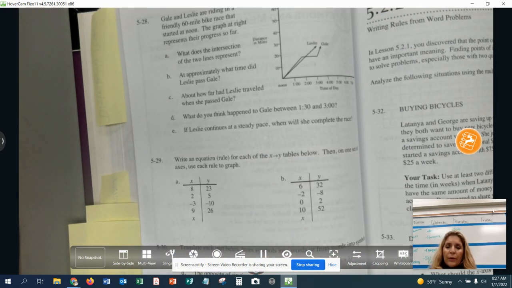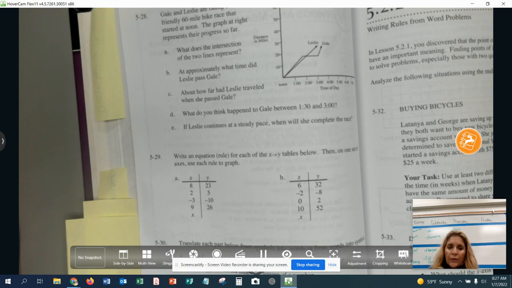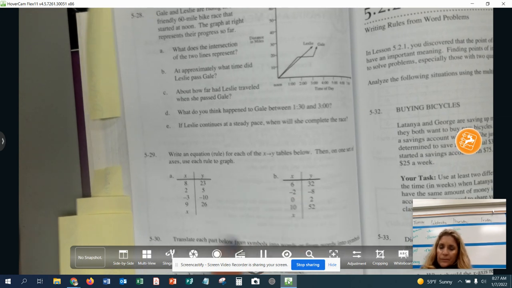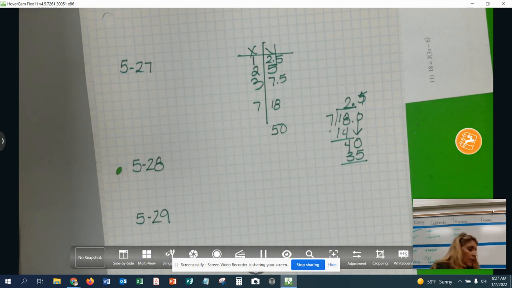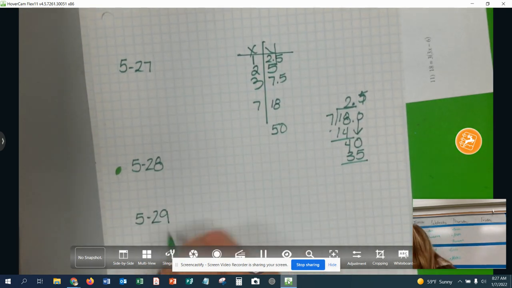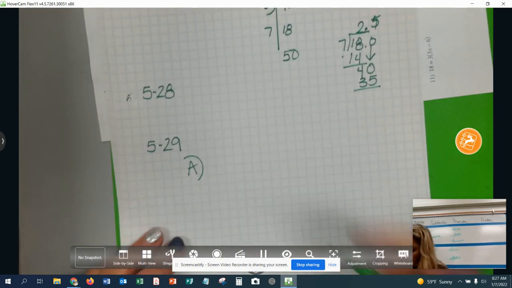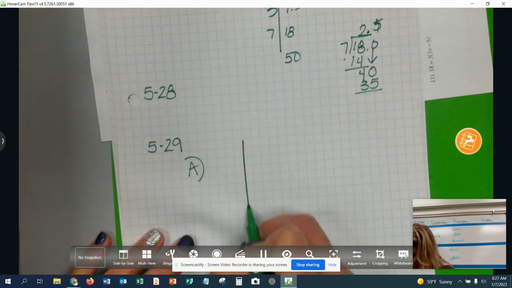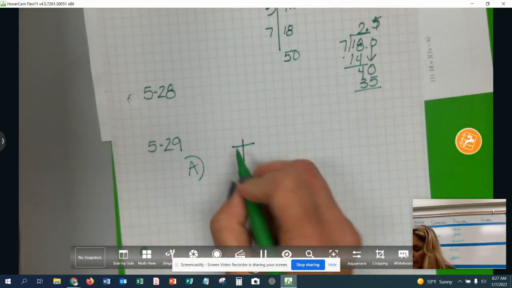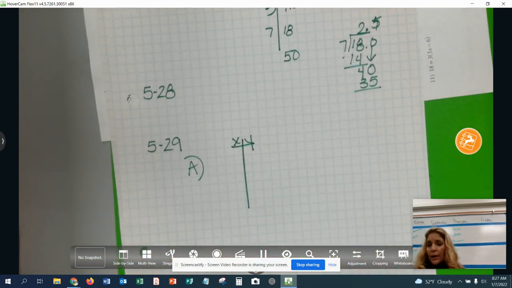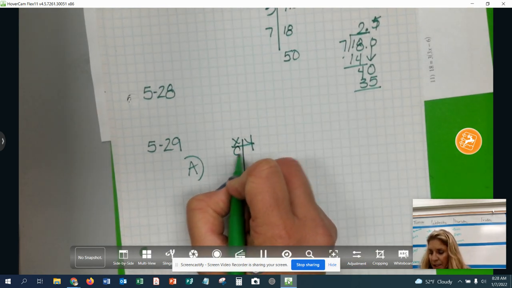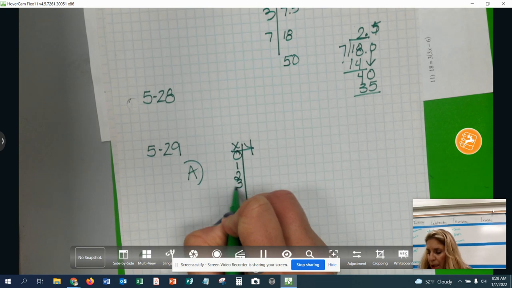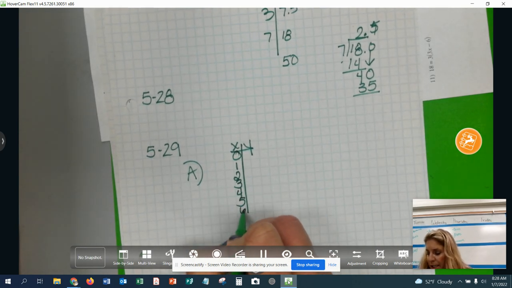Write an equation for the rule for the X and Y tables below. Well, first off, I'm going to do A on 5.29. Every time you get an X and Y table that they want you to look at, you're going to want to do it just like we do it: 0, 1, 2, 3, 4, 5, 6.